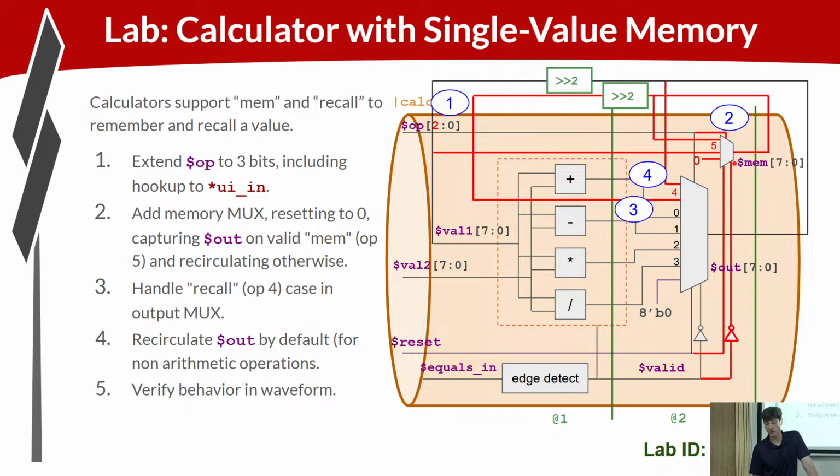So if you're doing the recall, you're pulling the value out of the memory and loading it into the output. So this is the value because of this ahead by 2. This is the value in the memory as updated by the operation 2 cycles ahead in the pipeline, right?